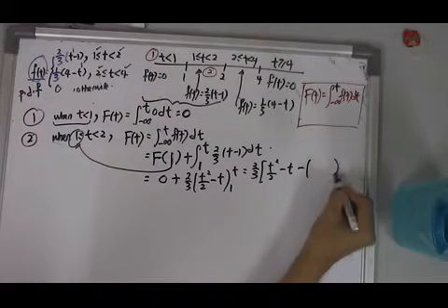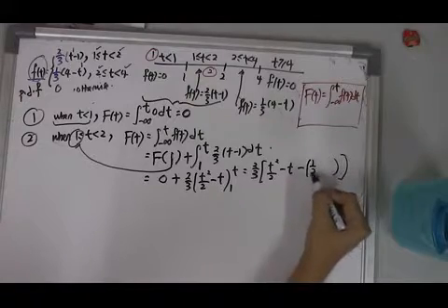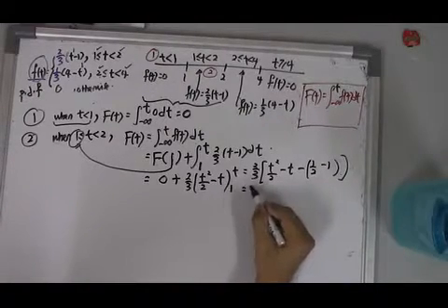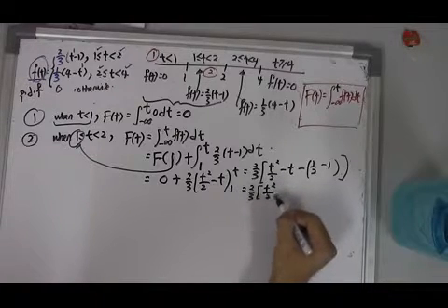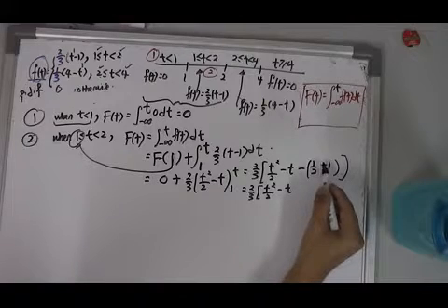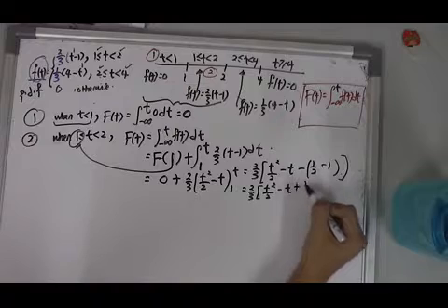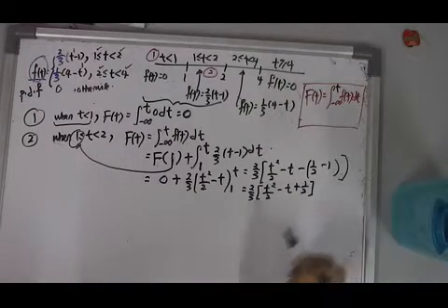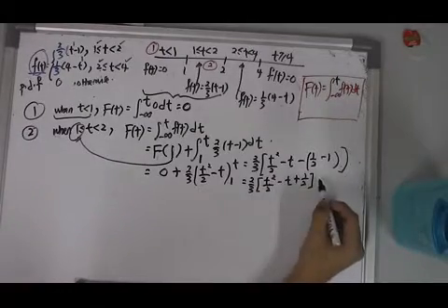Then minus the value at 1: 1 squared over 2 minus 1, which is negative half. Negative of negative half becomes positive half.